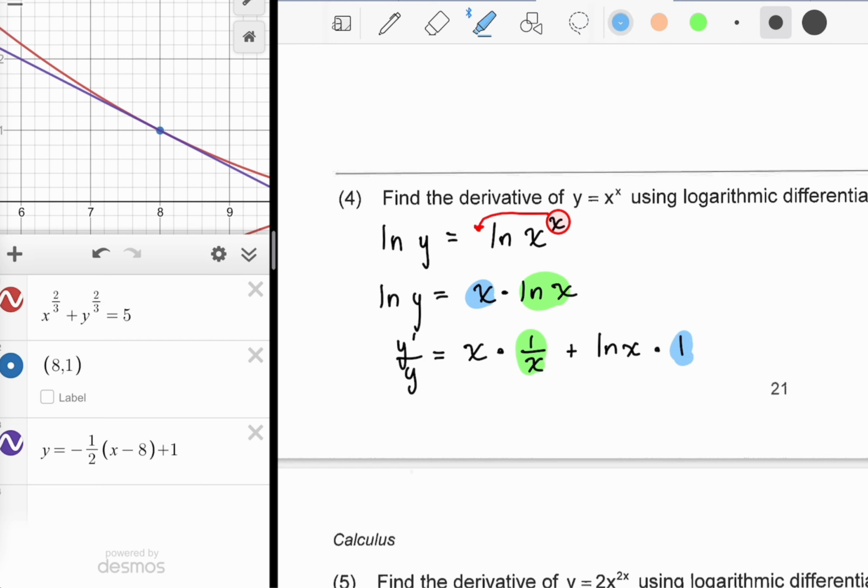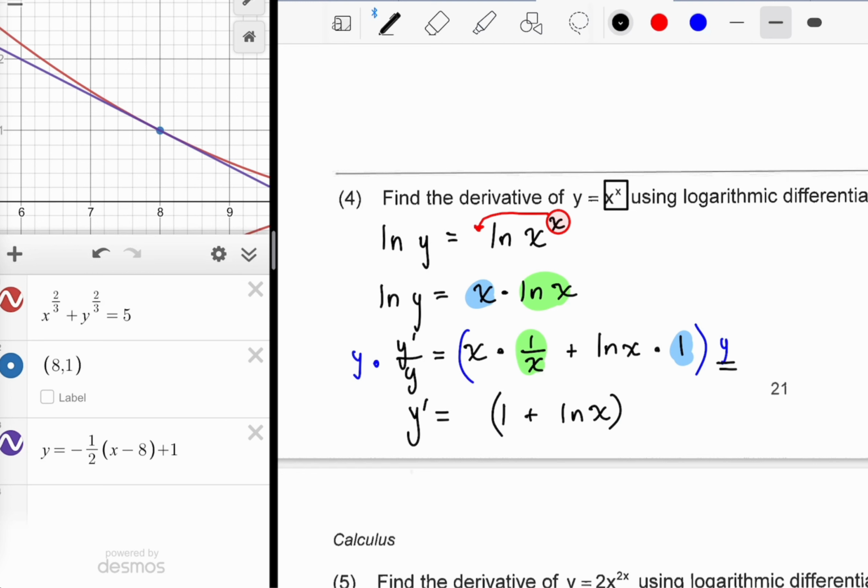And my ultimate goal here is to get y prime alone. So I would multiply both sides here by y. So I'm looking at x times 1 over x, which is just 1, plus ln of x, multiplied by y, which is x to the x.